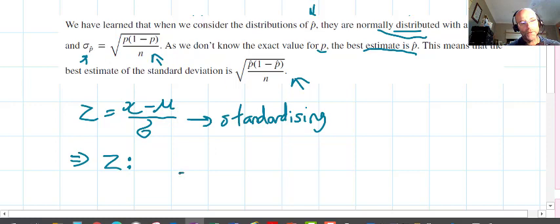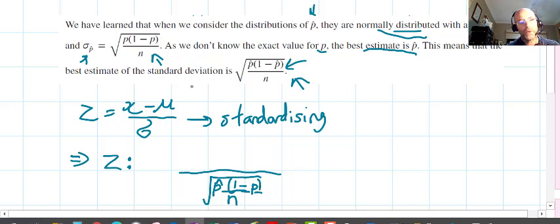So I'm going to put the denominator and this expression back up here, and we're replacing sigma with our familiar expression, the square root of p hat times 1 minus p hat over n.